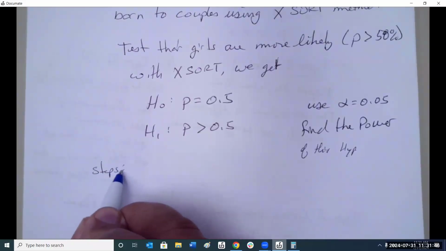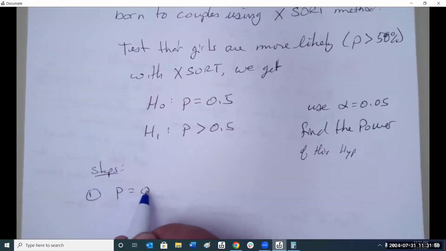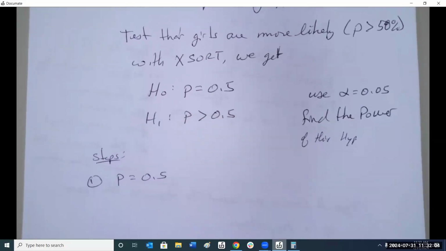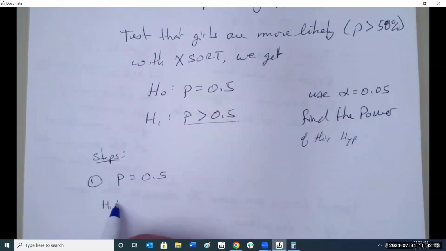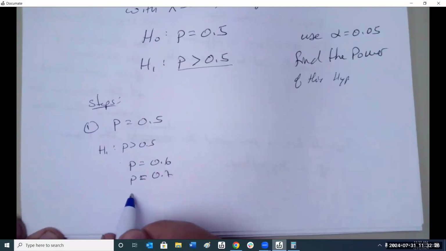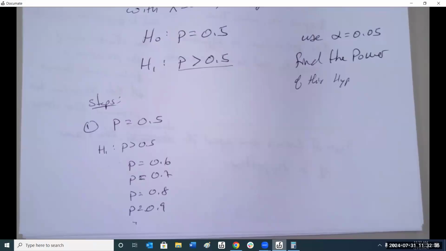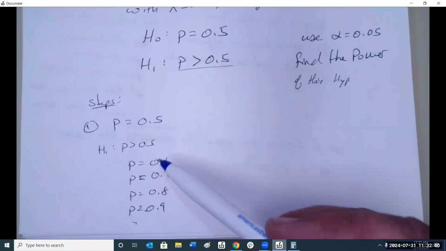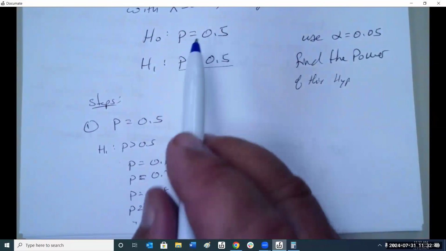All right, here are your steps. Since our P is 0.5, what we have to do is look at values higher, since our alternative hypothesis said it's increasing. We have to look at what happens at P equals 0.6, P equals 0.7, and so on and so forth, because it's going away from the norm.